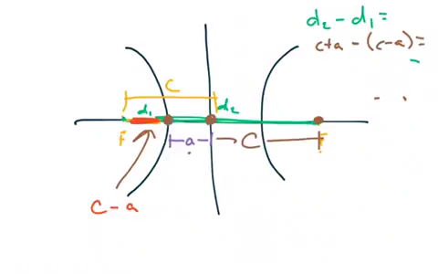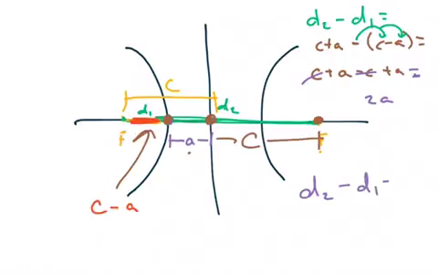If I solve this, it's C plus A minus (C minus A). In other words, I simply distributed the negative sign into both terms. If I clean this up, the C's cancel, C minus C is 0, so all I'm left with is 2A. So D2 minus D1 equals 2A.